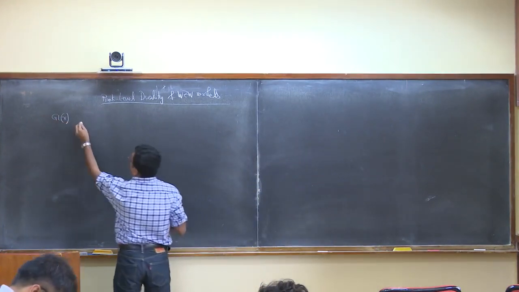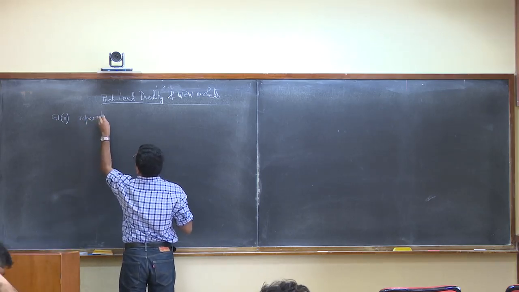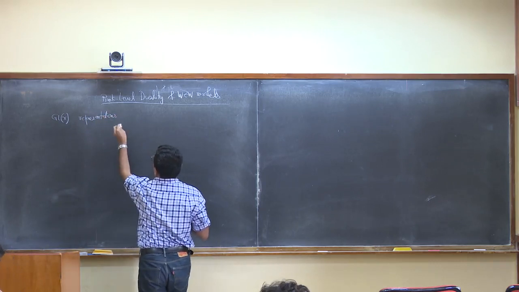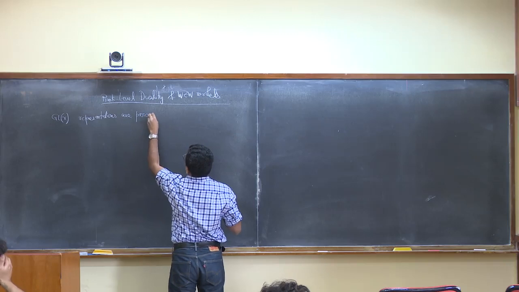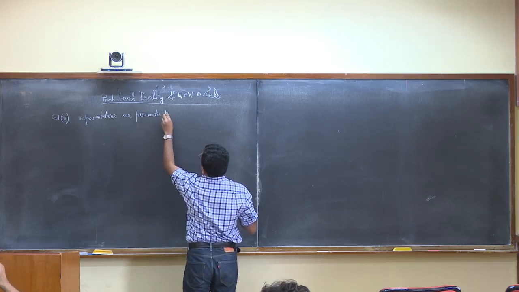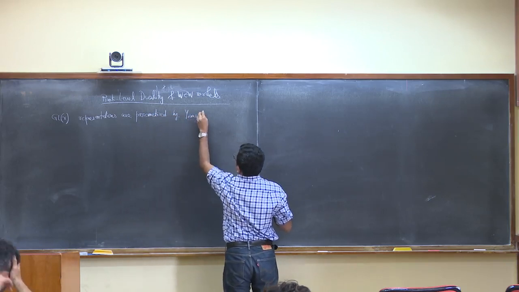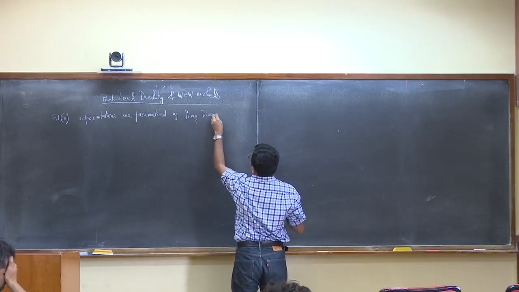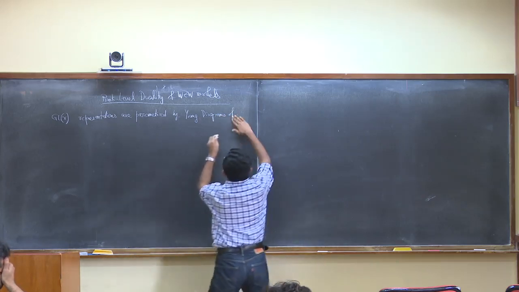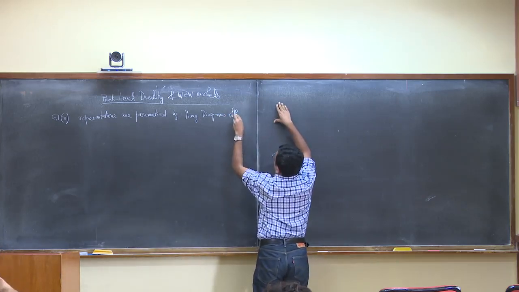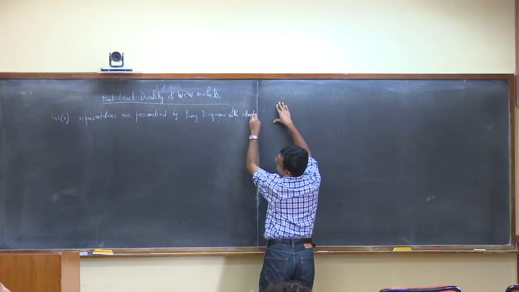The irreducible polynomial representations are parameterized by Young diagrams with at most R rows.